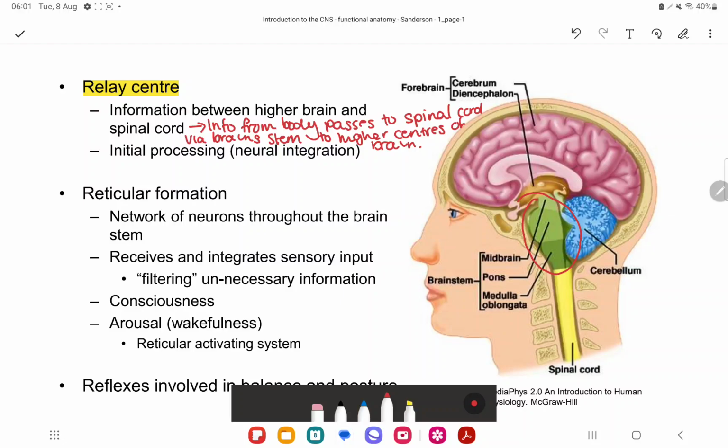That's what she actually says. And so basically it's the center where things are going from A to B.